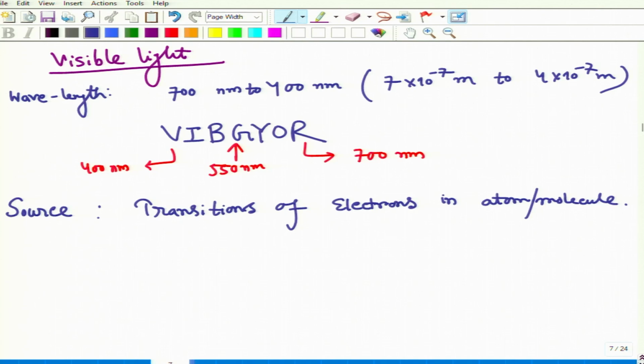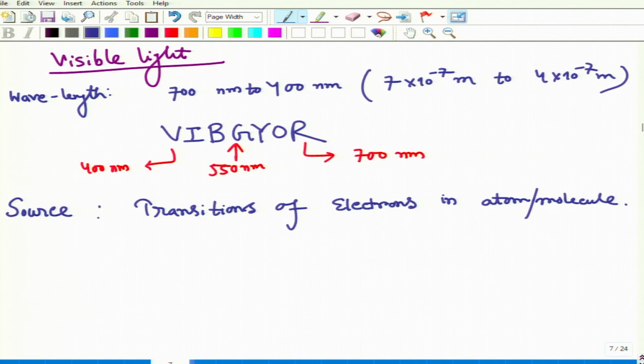But there are electrons in any molecule or any matter. We know that electronic levels are there. We studied HOMO, LUMO, MOT, different kinds of things, right? So when these electronic transitions occur from one level to another level, the emitted energy remains in the region of 700 nanometer to 400 nanometer, which essentially gives the visible light, or the color. That is due to the transition of electrons in an atom or molecule.